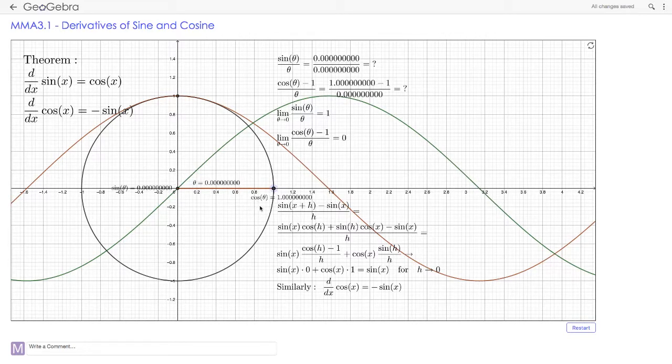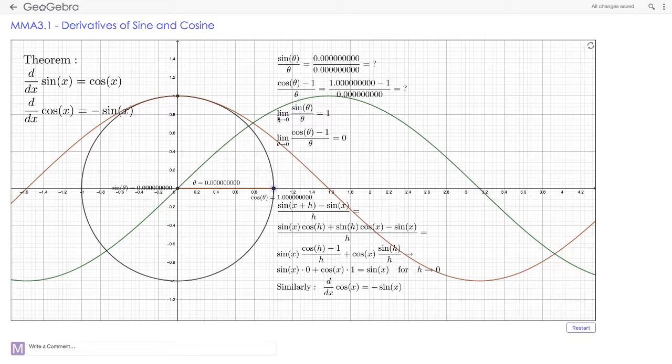Well, cosine of 0 is 1, right? So we could have replaced the sine here by a cosine. Then cosine of x equals 0 would be 1, agree? So the corresponding fraction here would be cosine of theta minus 1 divided by theta.